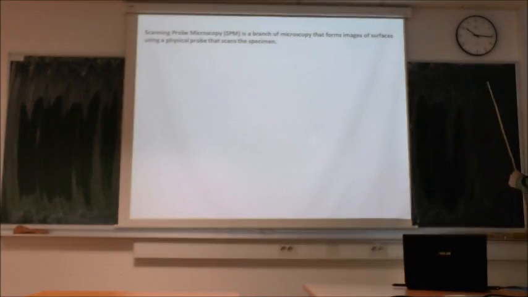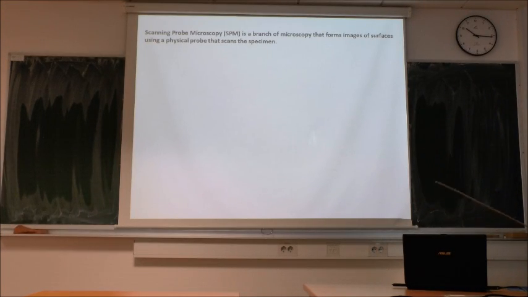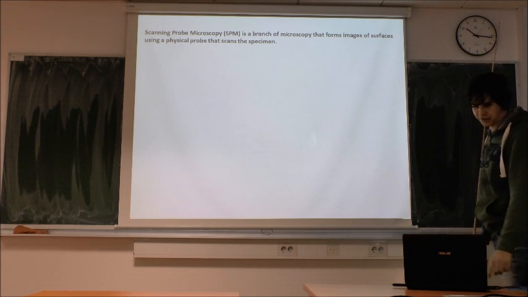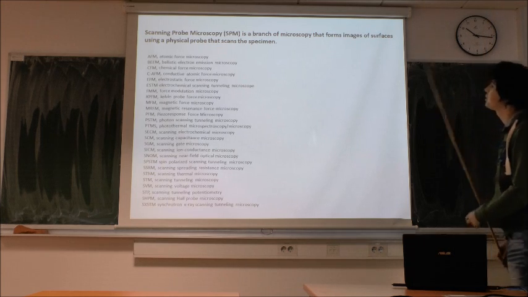Okay, so we'll start with a more general introduction into scanning probe microscopy. This is a definition I took from Wikipedia. It says that scanning probe microscopy is a branch of microscopy that forms images of surfaces, so this is important, surfaces, using a physical probe that scans the specimen. These are the typical scanning probe techniques.